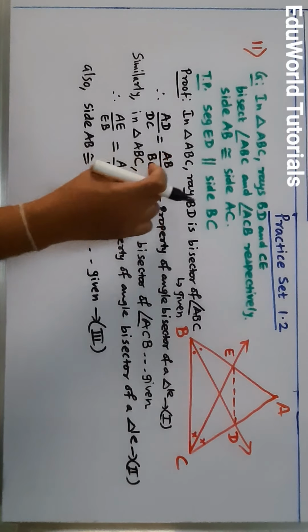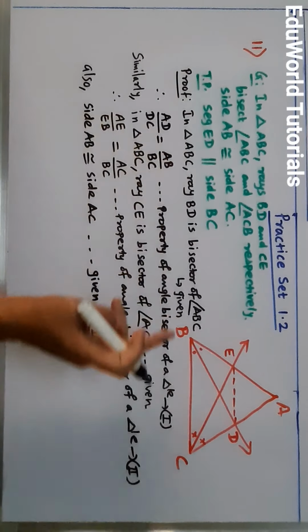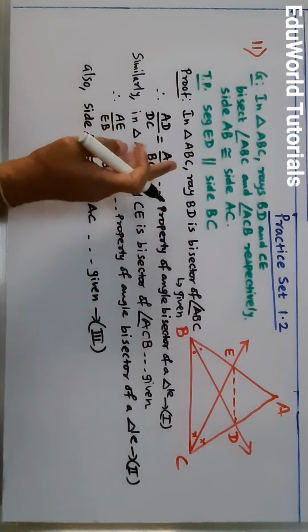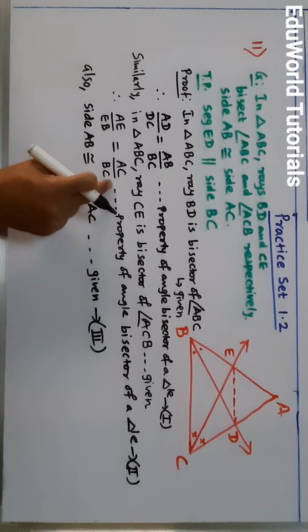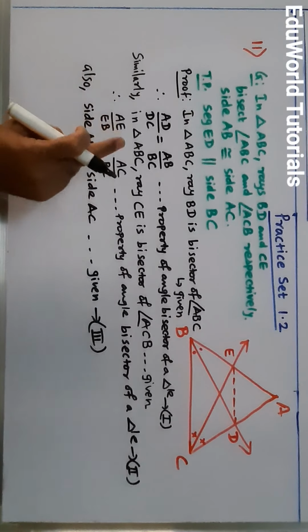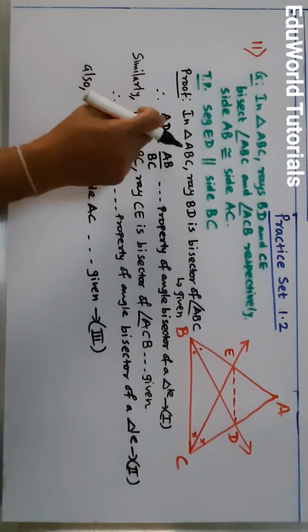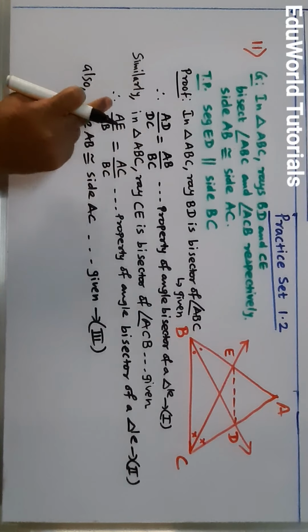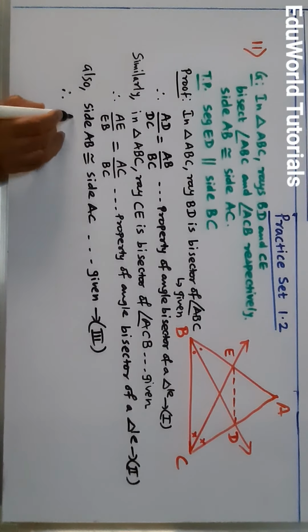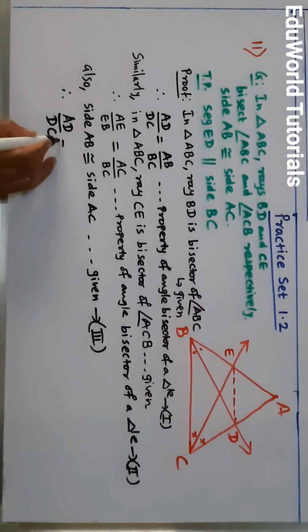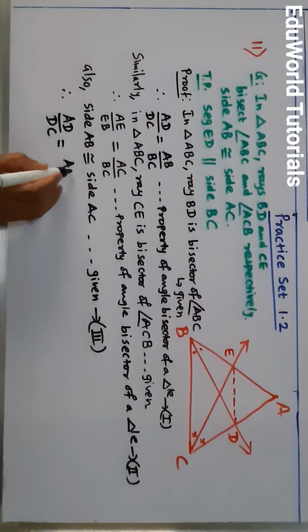That means the right hand sides of the first and second statement are equal to each other. If these are equal to each other, we can also write that the left hand sides of the two statements are also equal. So what can we write? Therefore we can write AD upon DC is equal to AE upon EB.